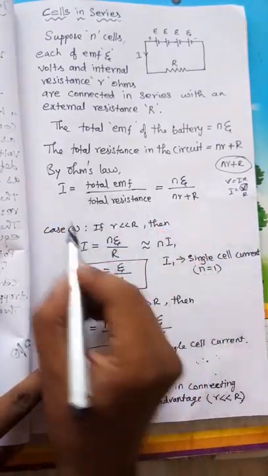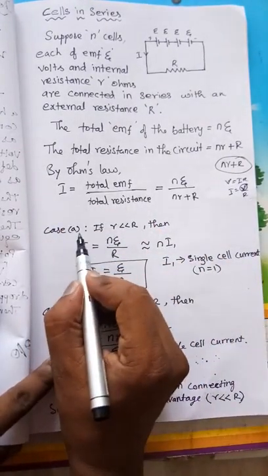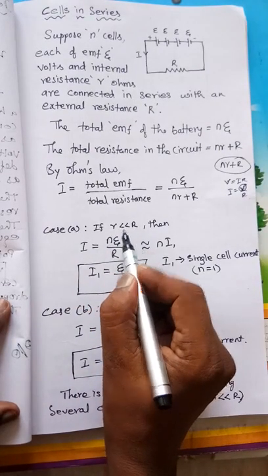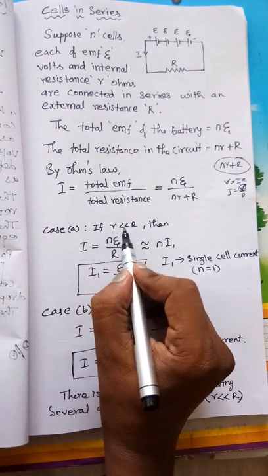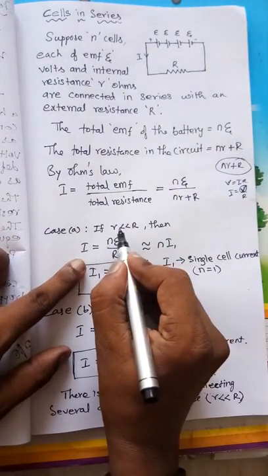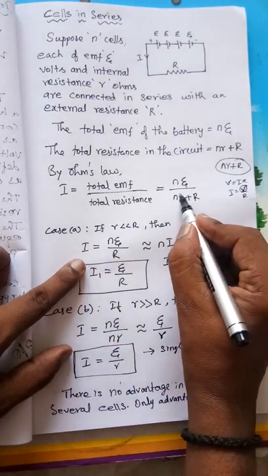This is the formula. Suppose first case A: if r is very much less than R, that means internal resistance is very small compared to external resistance, so r is neglected, near to 0.